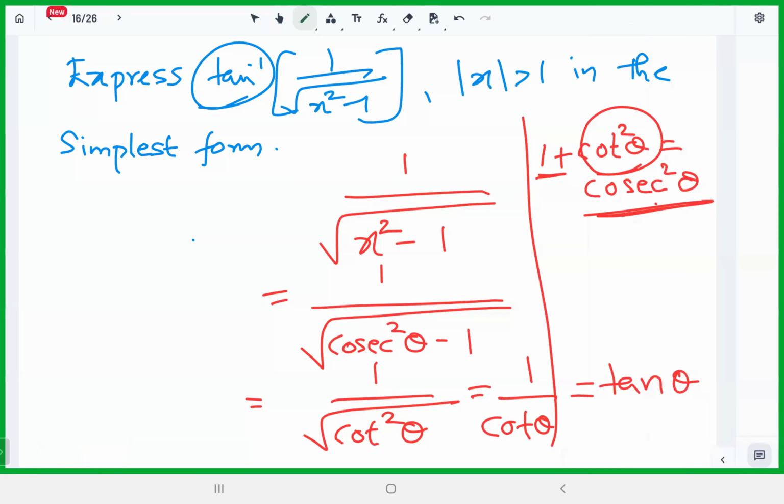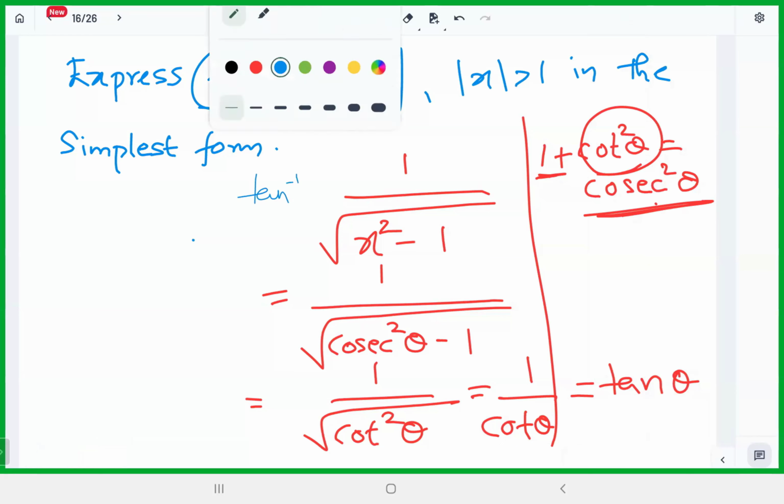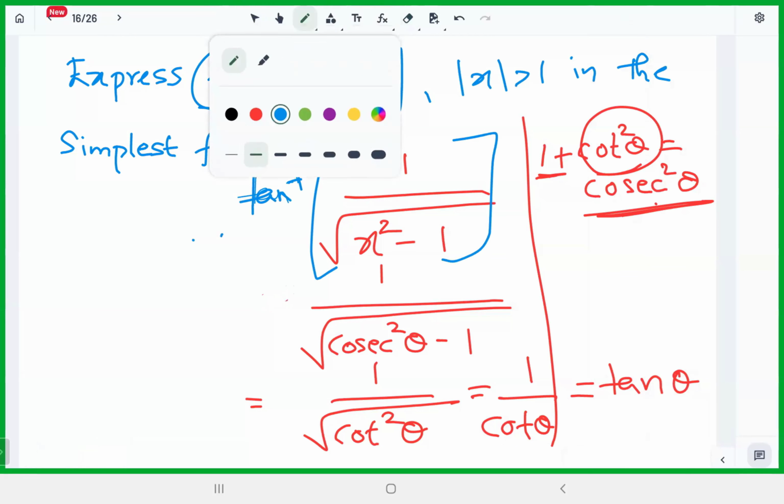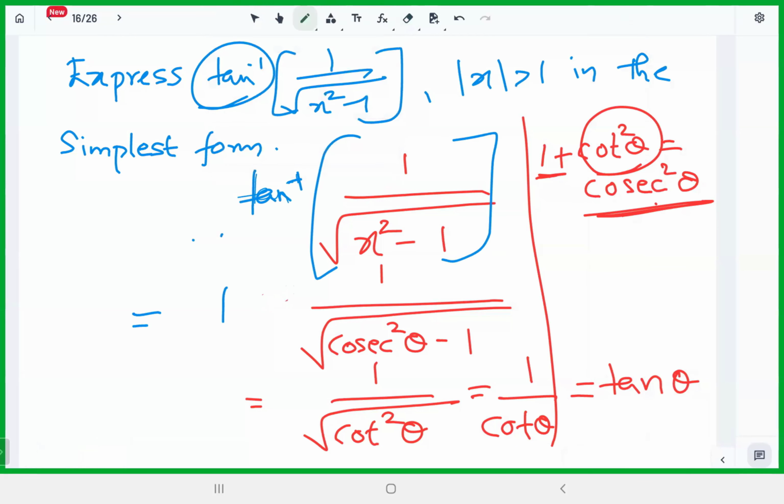So outside the bracket was tan inverse, right? So this will become tan inverse of 1 by root of x square minus 1, that is equal to tan inverse of 1 by root of cosec square theta minus 1.